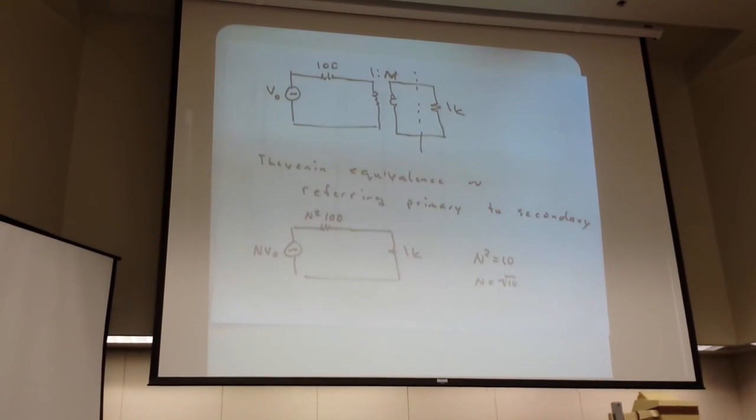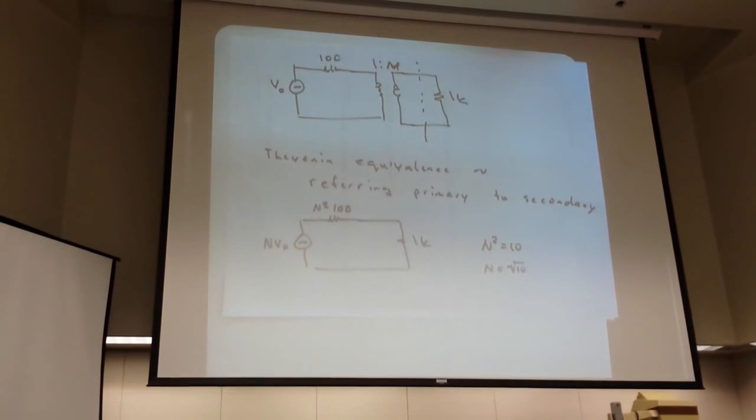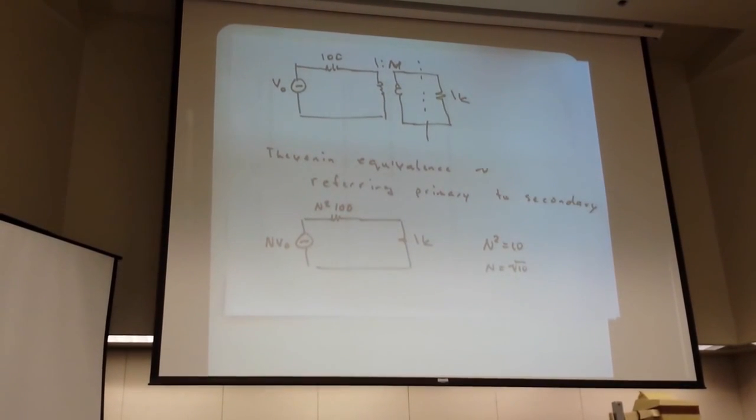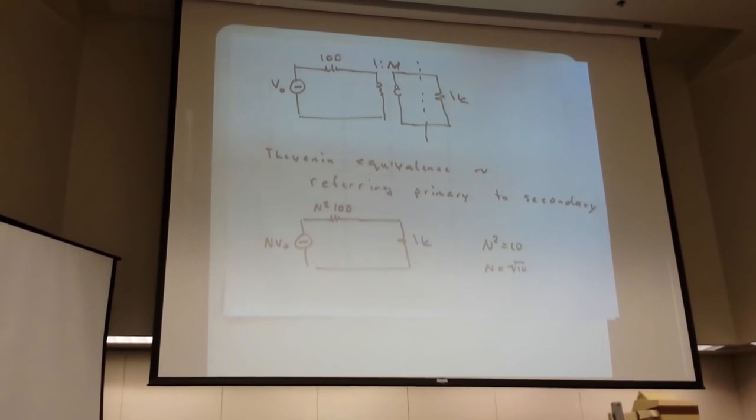So that maximizes power to the load. The transformer is just another aspect of that circuit, but ultimately we reduce it to something that's a single source impedance and a load impedance. And we look at that circuit.